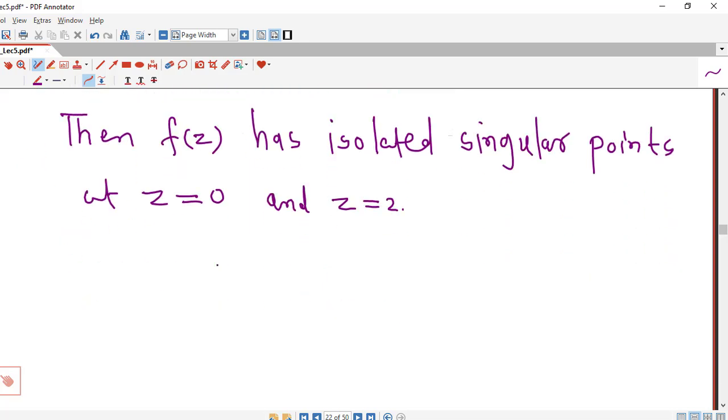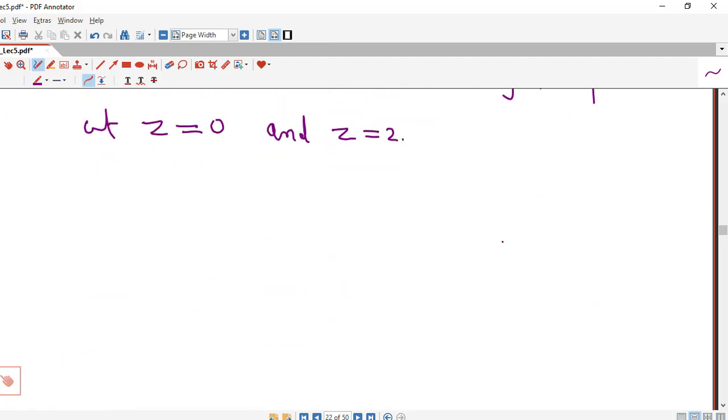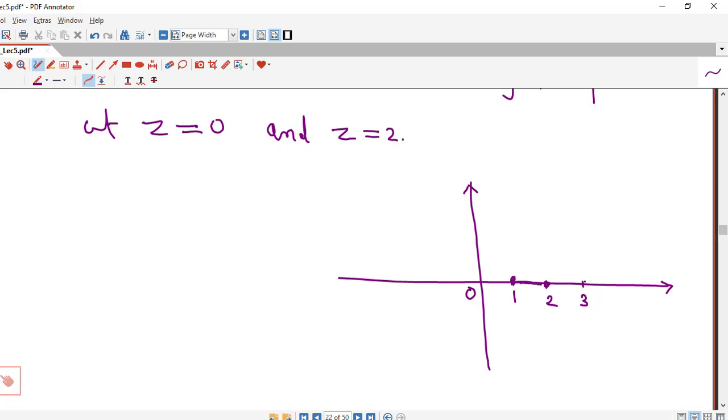Now given curve is the circle with center 2 and radius 1. For example, we can have a rough sketch of the circle with center 2 and radius 1. Suppose this distance is 1, so this is 2, this is 3. So the circle with center 2 and radius 1 will pass through the points 1 and 3.